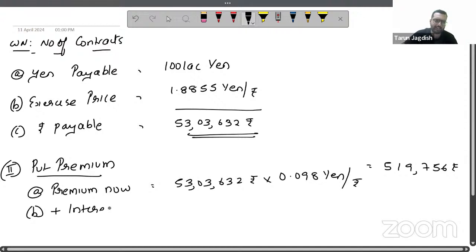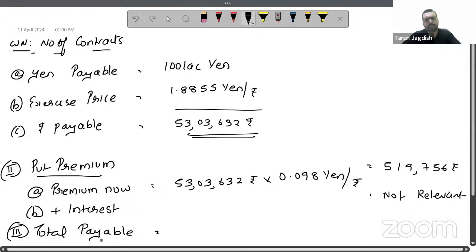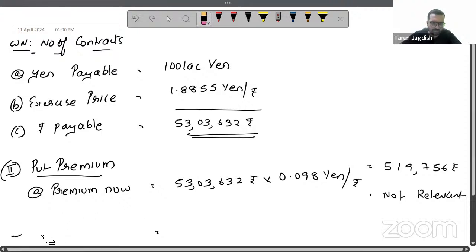Now to this, what will I have to do? I will have to add interest. But again, I think not relevant because they have not given any interest over here. So in that case, tell me. So the premium is in yen, right? Yes, correct. Okay, yes, correct. Thank you for correcting me there. It is in yen. It is not in rupee, it is in yen.